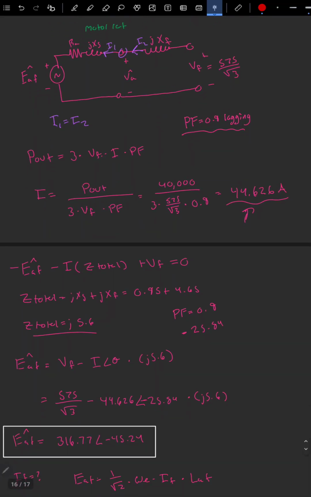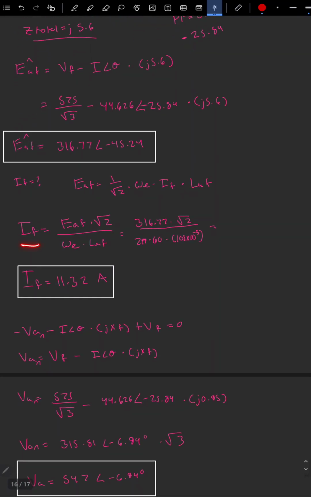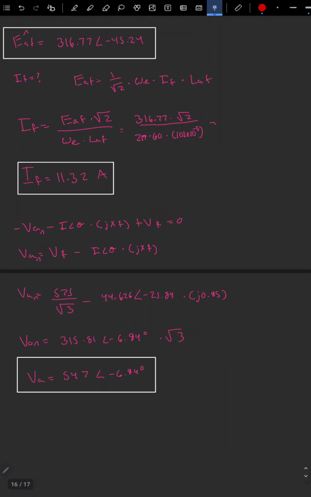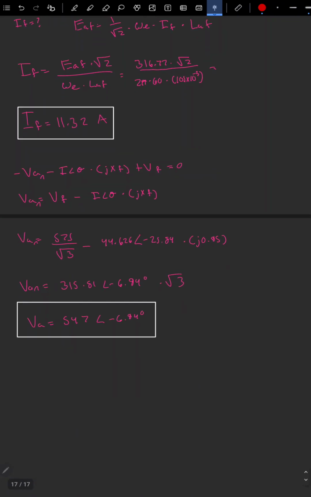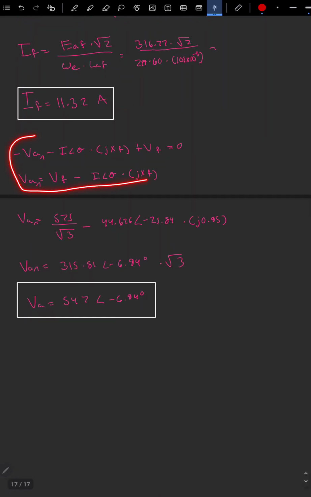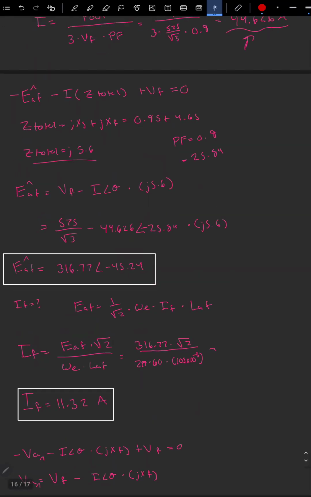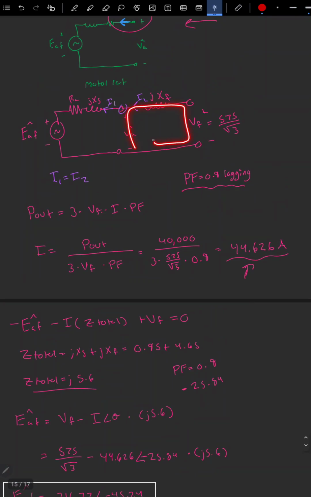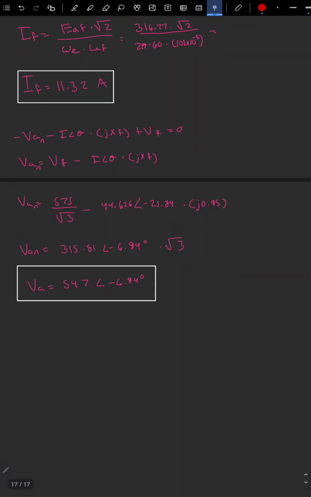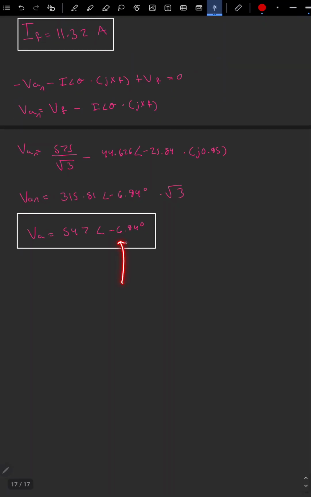We solve for I, and we get EAF. Once we get EAF, we're able to solve for our IF via this equation. Once we get our IF, that has nothing to do with this, but I was just going in order. Basically, you use a smaller KVL to find your VAN. Like I said, you either go this way, or you could go this way. Doesn't matter. But you will get this answer.